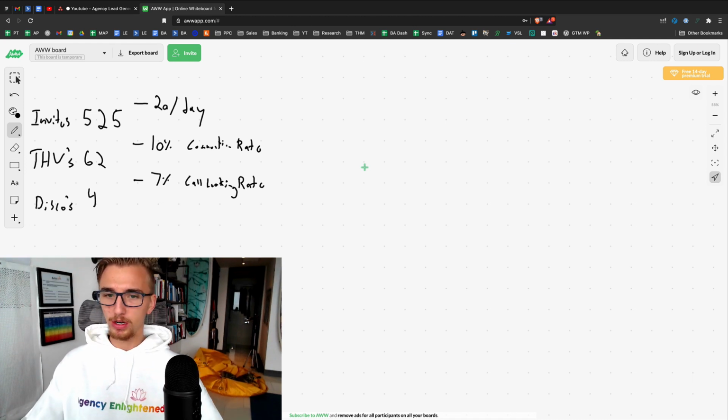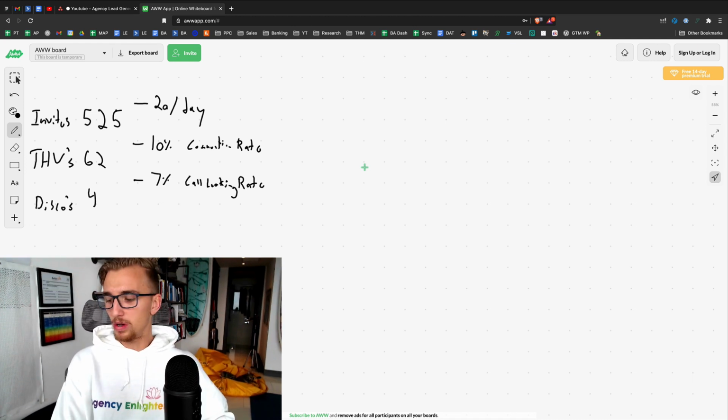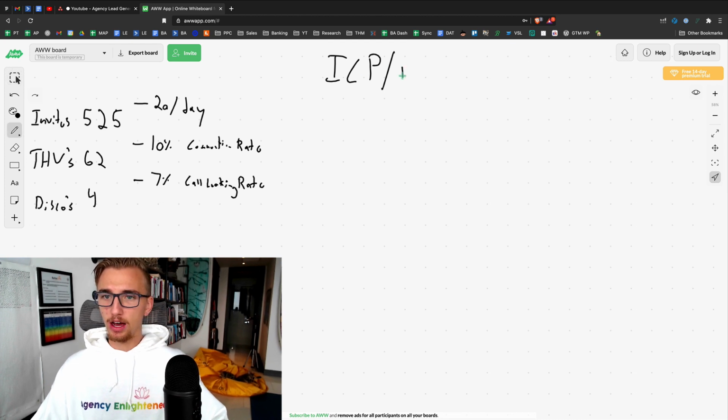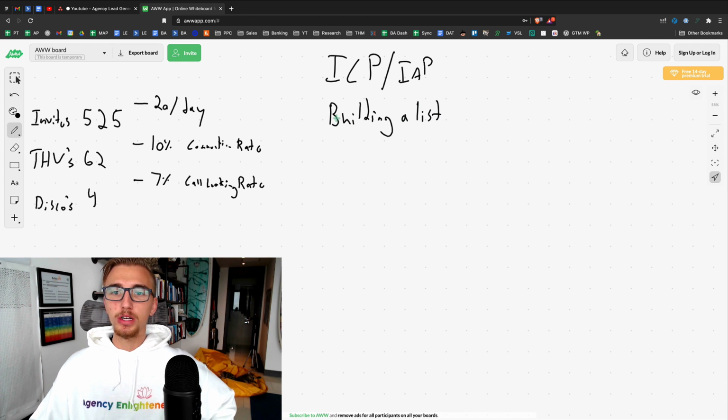Okay, now let me give you a little bit of context on what they're doing with this particular lead gen system. Essentially, they defined their ICP, their ideal client profile. I also like to call it IAP, ideal account profile. There's a slight difference between the two. They defined their ICP, and then they started building a list of ideal contacts, ideal clients that they can reach out to.